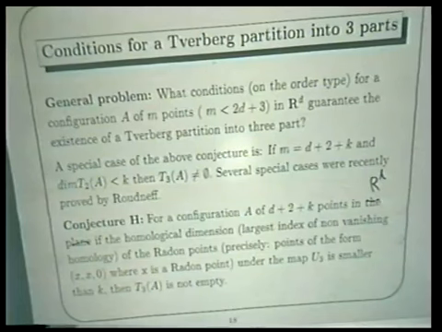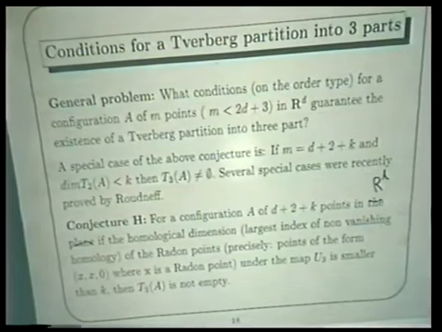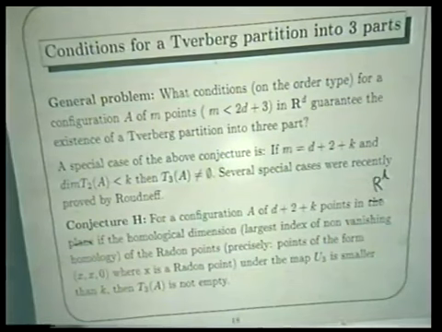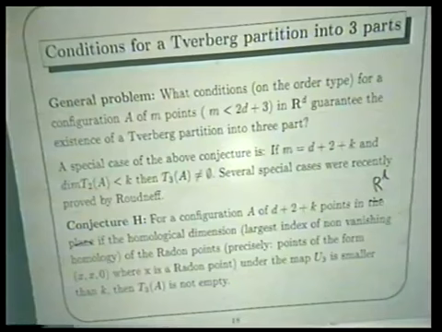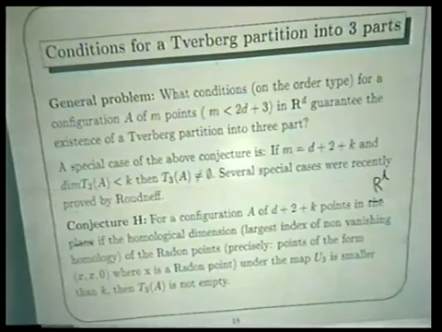If you have d plus 2 plus k points in R^d, if the homological dimension of the Radon points after the map U3, which appeared in the topological proof, is smaller than k, then you have a partition to 3 parts. And this is a conjecture that I would like to put here.